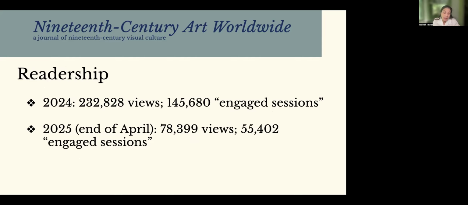And so in 2024, we had 232,000 plus views, but you can see that only 145,000 were so-called engaged sessions. And for those who are not familiar with Google Analytics, engaged sessions are those that last longer than 10 seconds and typically involve at least 2 page views. So that gives you a sense of what the metric is based on.